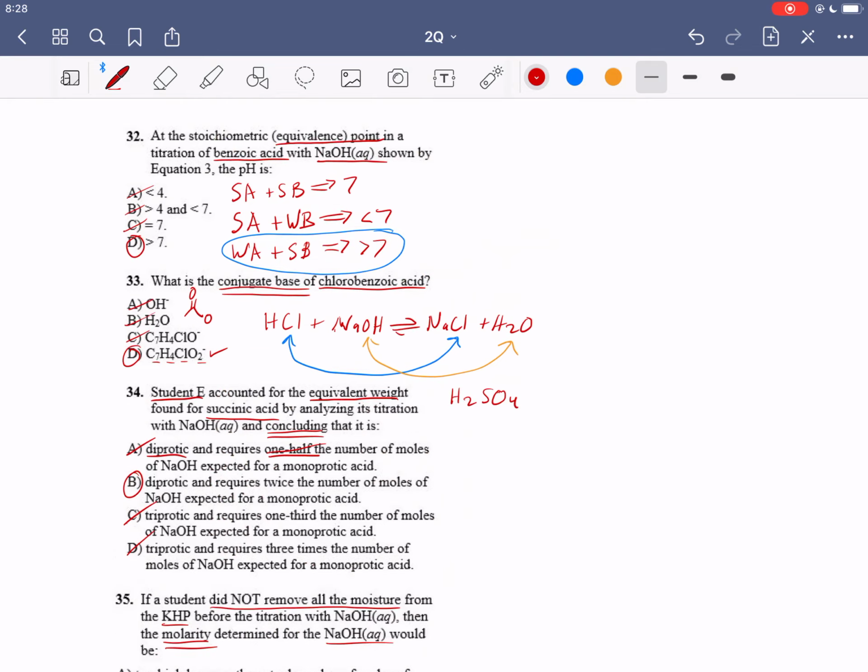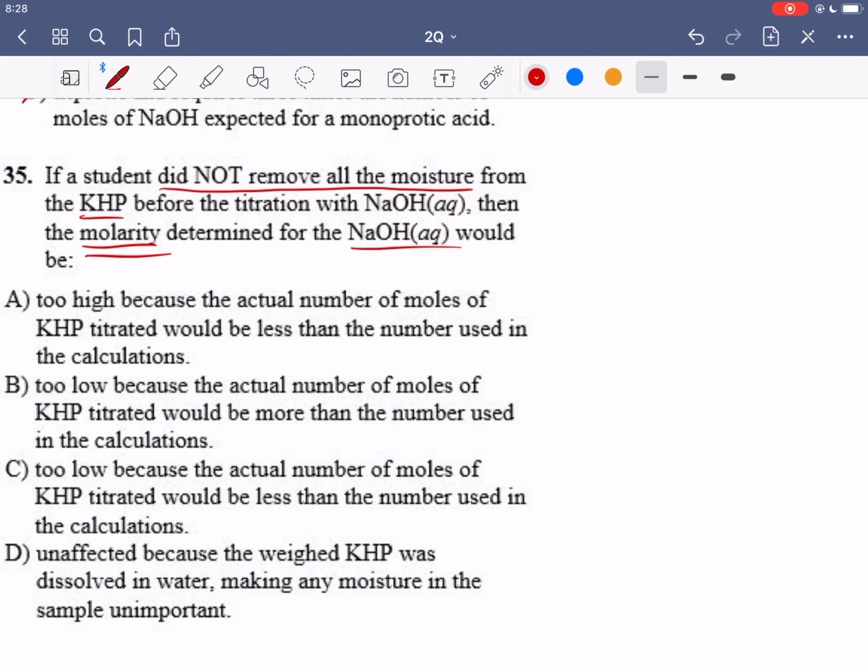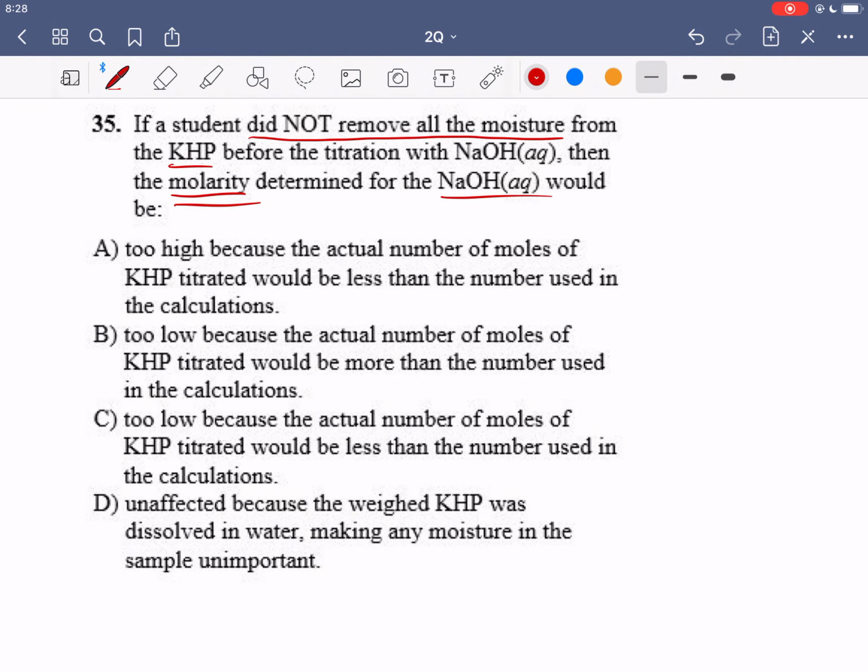So when you say mass of KHP, that means that pretty much they were taking it in some kind of solid or powder form, and it had some moisture, but they were supposed to remove the moisture. Moisture just means water.